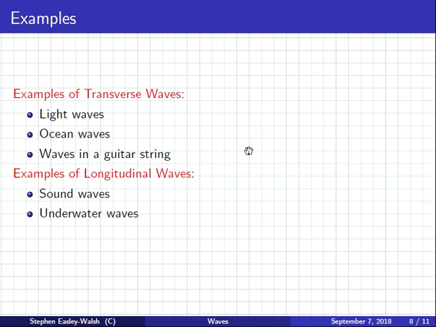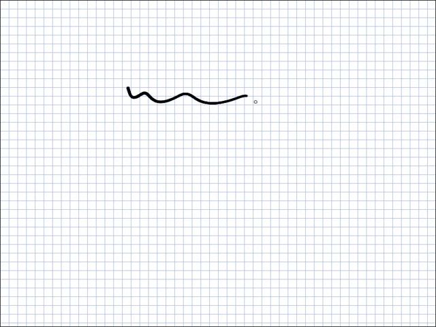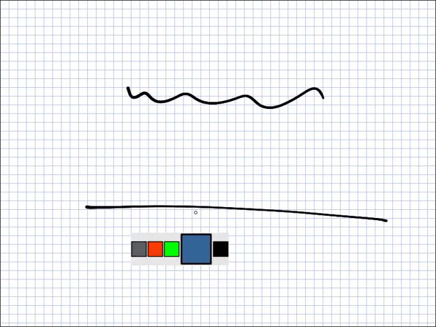Another example is underwater waves. If you have an earthquake underwater, you have your ocean and then the seabed, and it cracks and starts to vibrate.